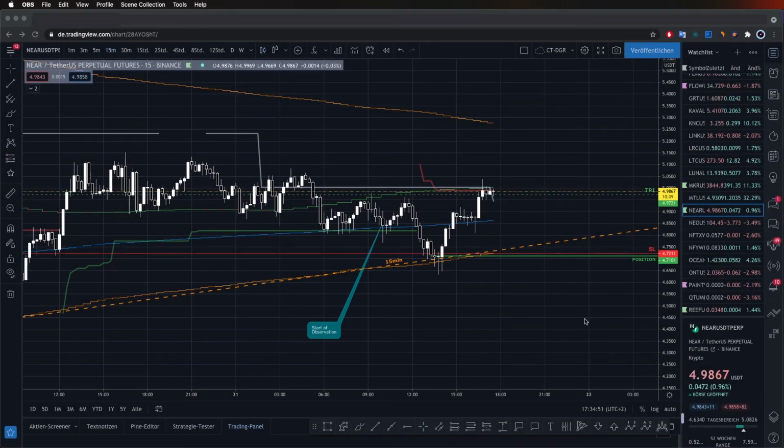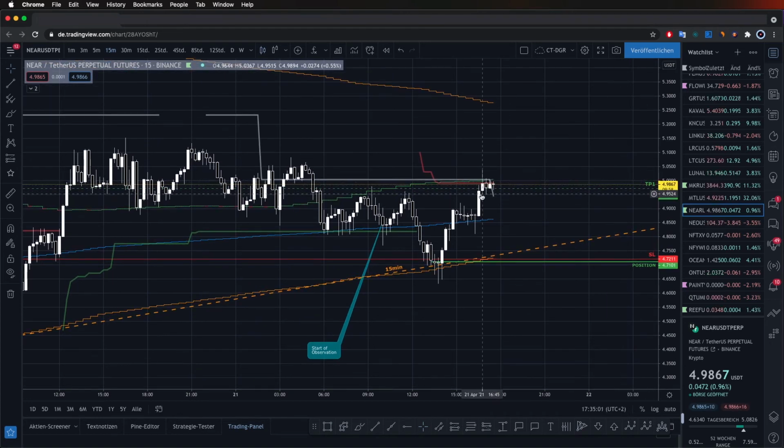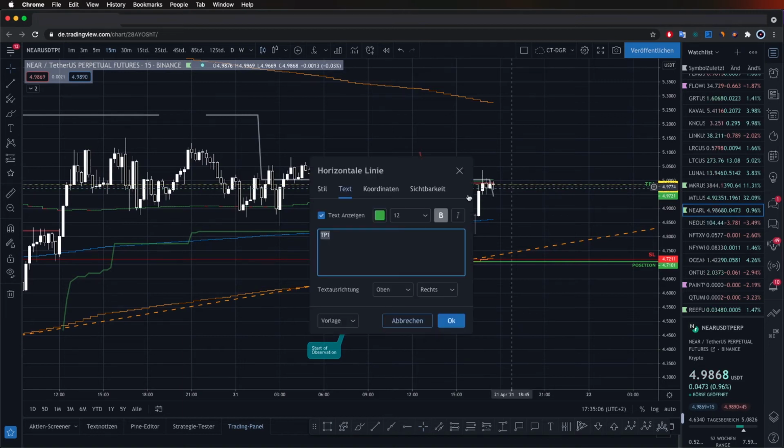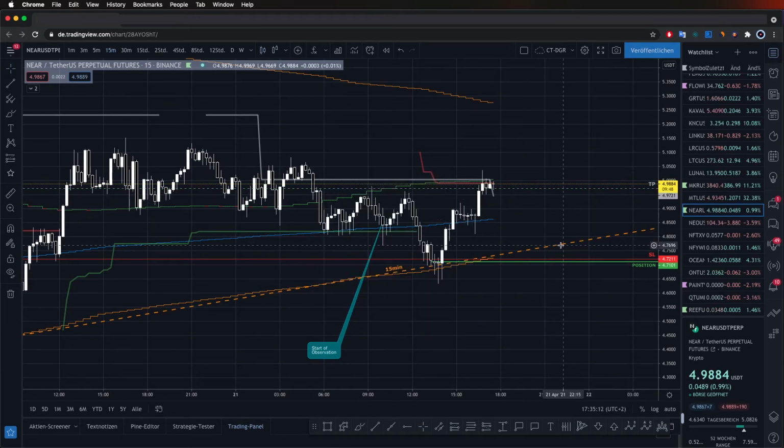So next update, everything looks very fine. For near, we already got our TP1. So this one was hit like nearly an hour ago. So in my logic, I switch it to gray, that I see this topic is already done.